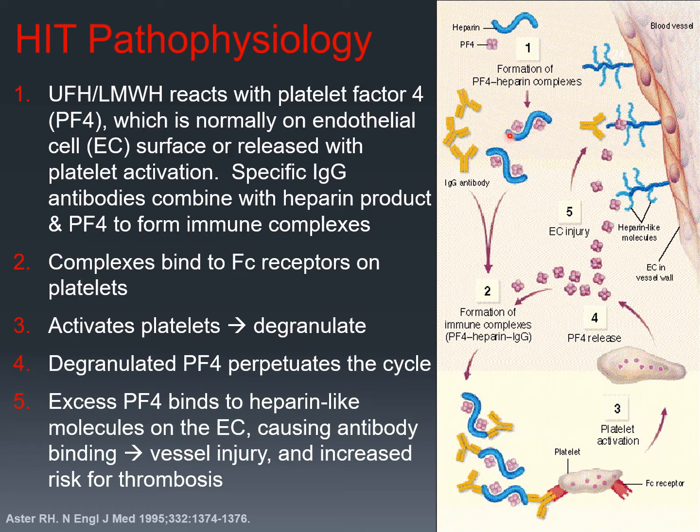Those complexes then start an immune response within the body, so they trigger an IgG antibody production. IgG antibodies then attach to the PF4 heparin complex and form an immune complex of all 3 combined. So we have the platelet factor 4, the heparin, and the IgG antibodies all complexing together.